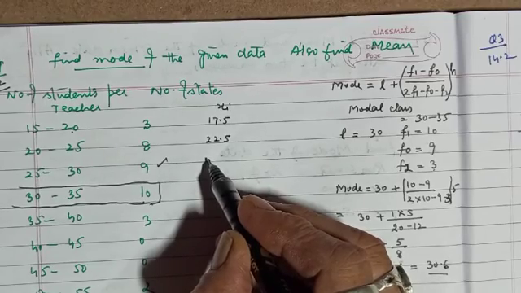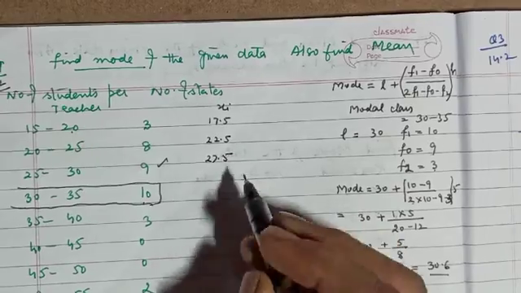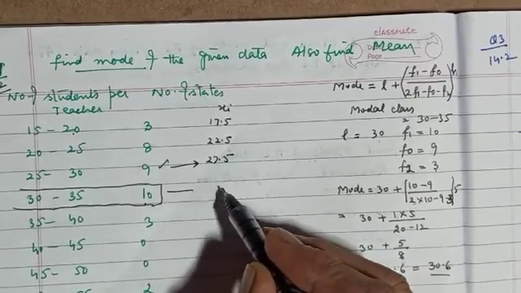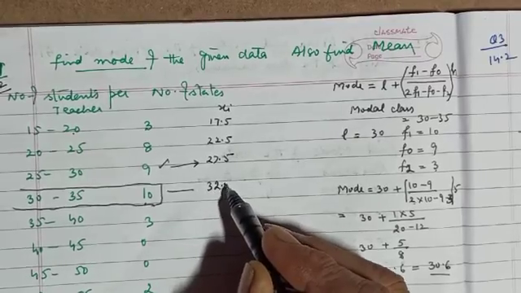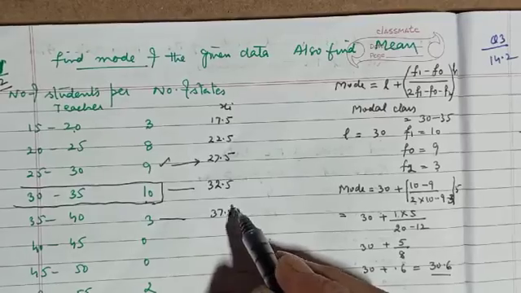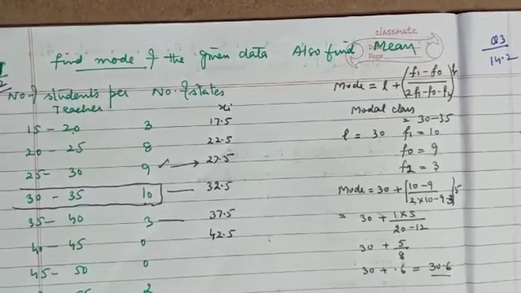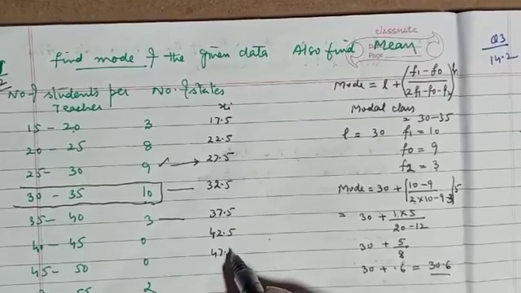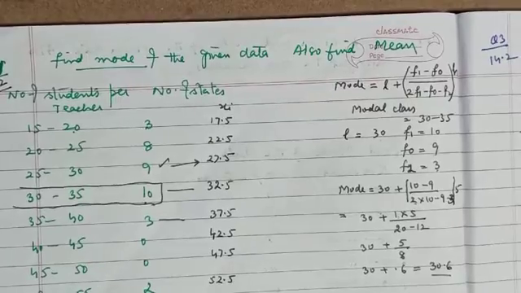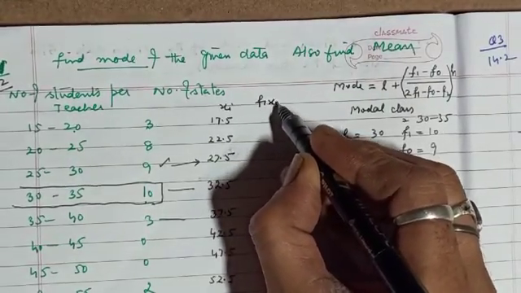Then 27.5. Here it will be 32.5. It will be 37.5. 42.5. 47.5 and 52.5. Find the value of fi xi.